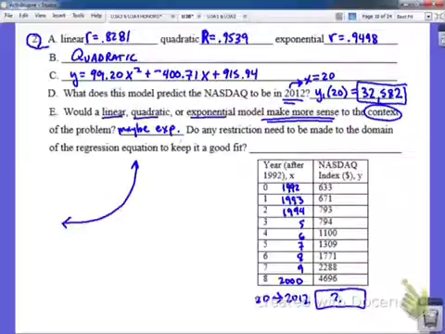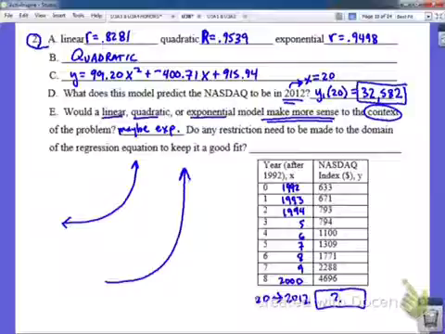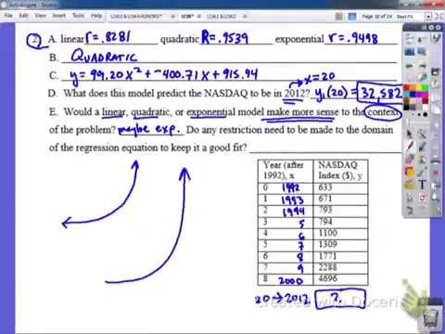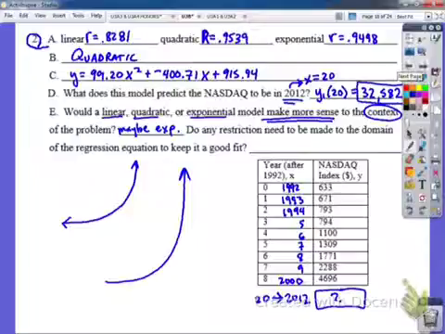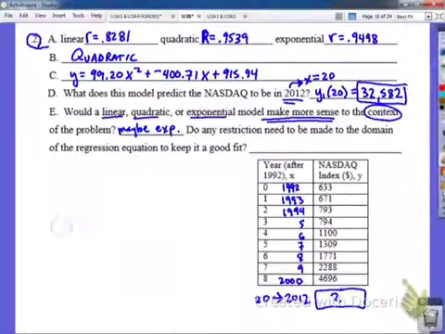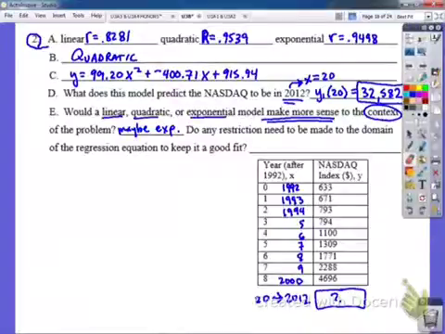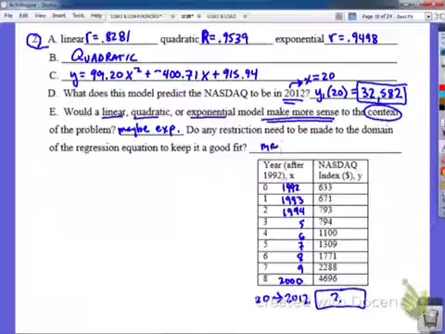Obviously, at some point, exponential is going to keep rising and rising. So I'm going to say maybe. Do any restrictions need to be made? Maybe. But I don't want to get into what those exactly are. We'll leave it at that.